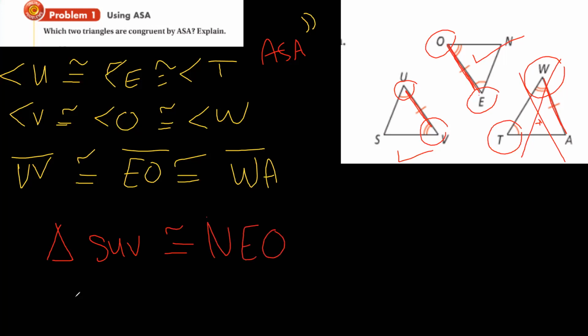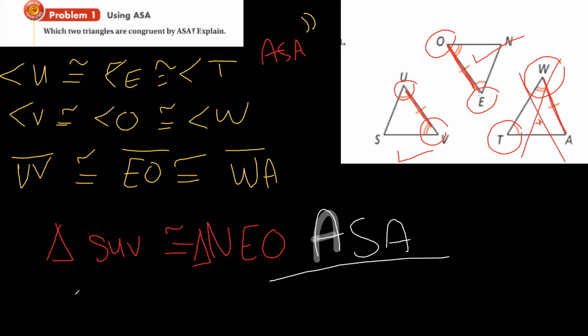Okay, I have to name it as corresponding. So the angle SUV is congruent to the angle NEO because of the postulate ASA. Is it clear now?